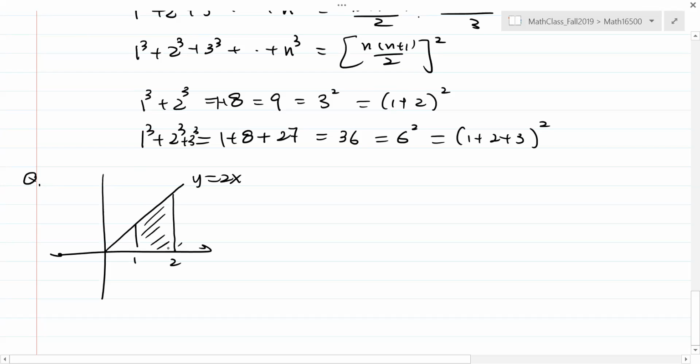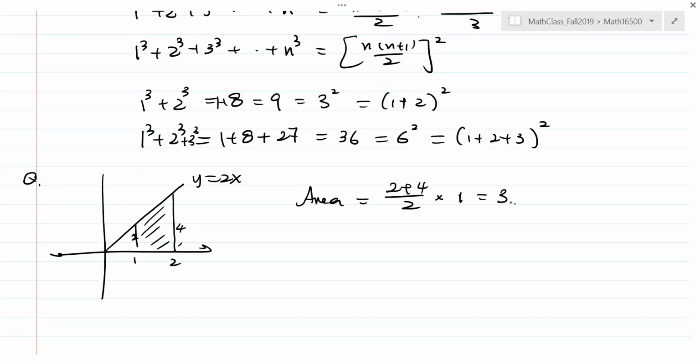I know that this is a special trapezoid. So I already know the area by the formula. This side is 2, this side is 4. So 2 plus 4 divided by 2 times the height, which is 1, gives 3. All right, 3 is the area.